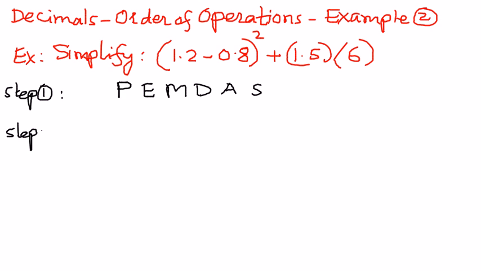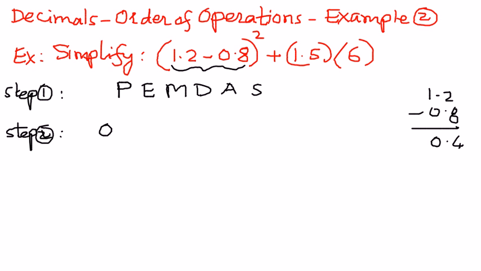As step 2, we want to simplify the numbers inside the parentheses. So we have 1.2 minus 0.8. 1.2 minus 0.8 is going to be equal to 0.4, and the way we want to write this is as follows: 0.4 in parentheses raised to the power of 2.